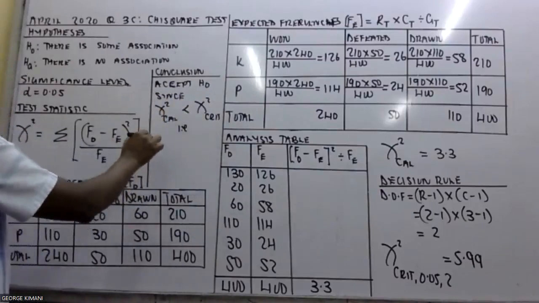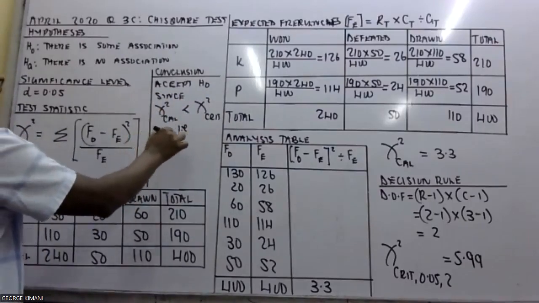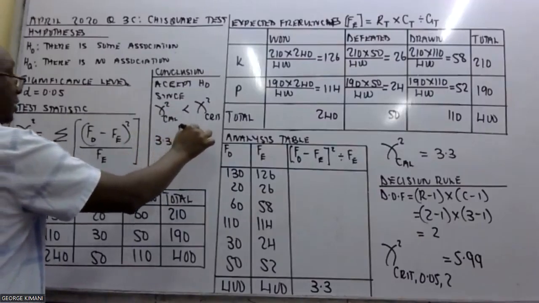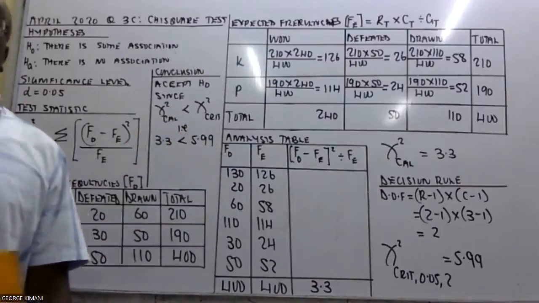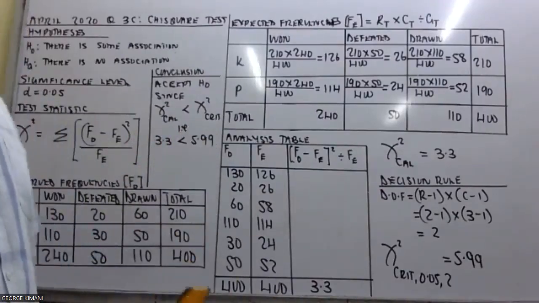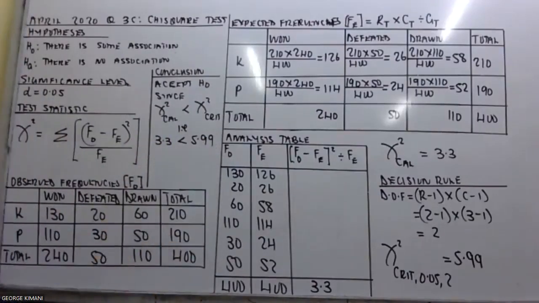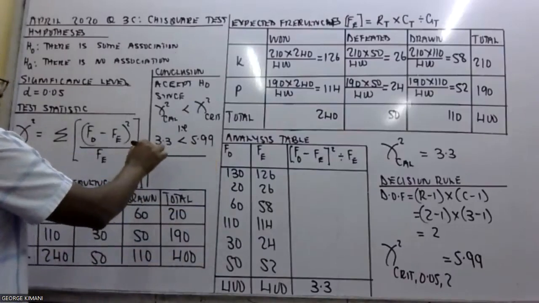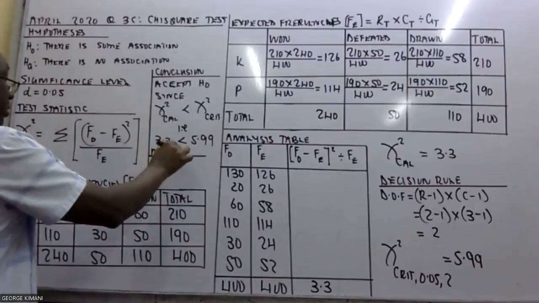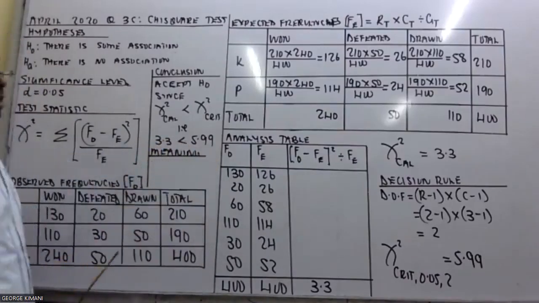That is 3.3 is below 5.99. So we are going to accept. And what does that mean? The meaning of that is, now that we have accepted, it was saying there is some association.